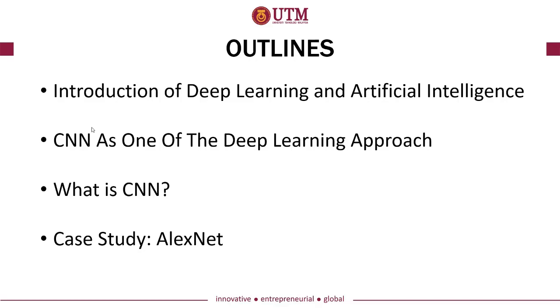And then in the last part, because we have a lot of well-established models in CNN, one of the earliest is called AlexNet, and in this course we only discuss AlexNet.